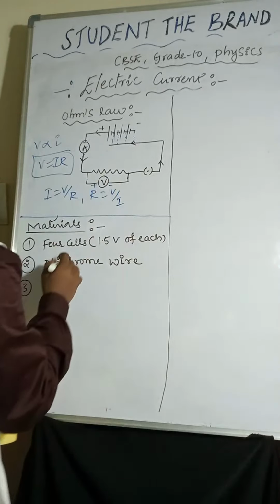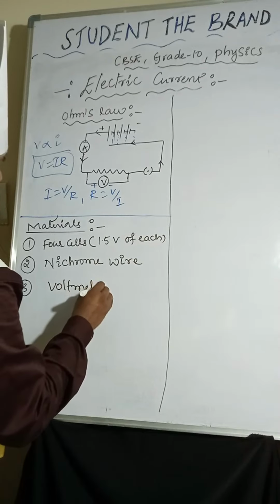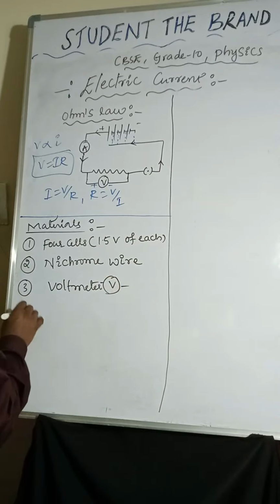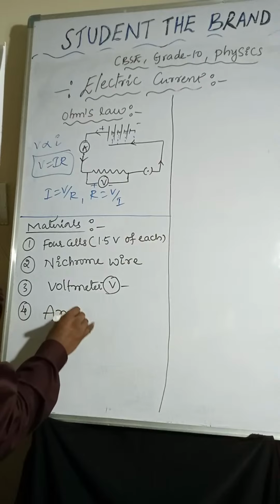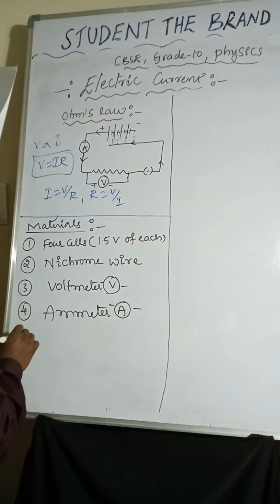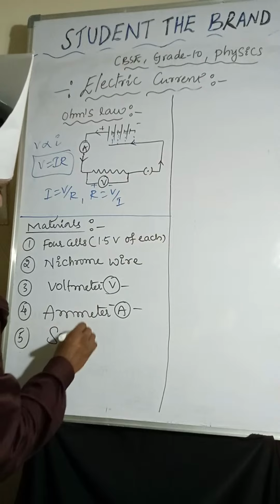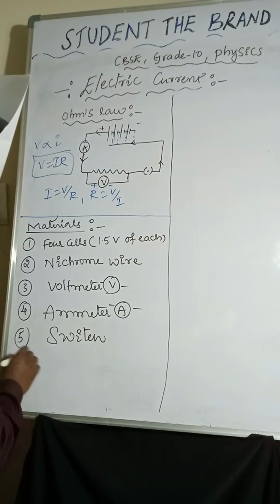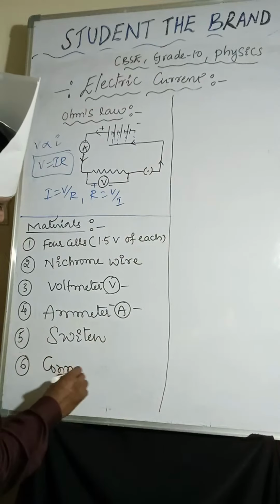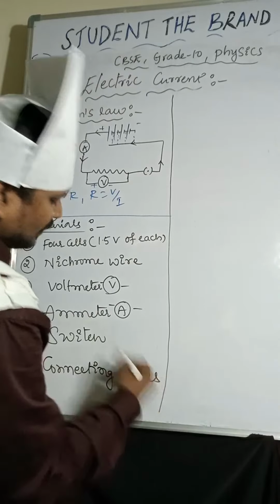Next one is the voltmeter, V, and the fourth one is the ammeter, A. The fifth one is the switch, and the sixth one is connecting wires.